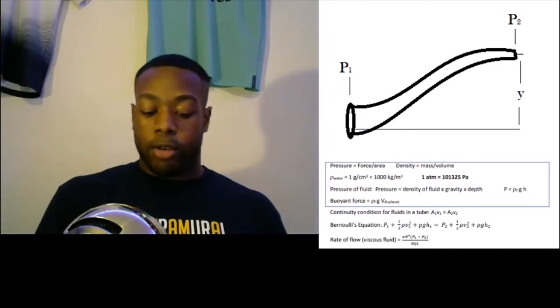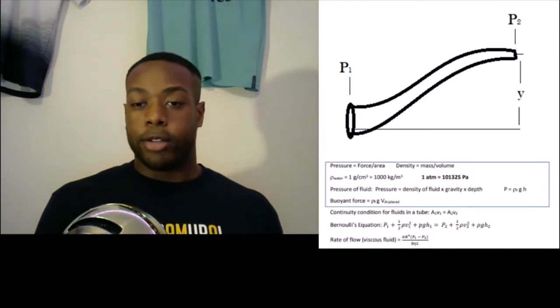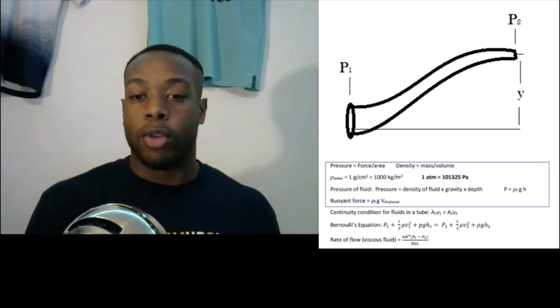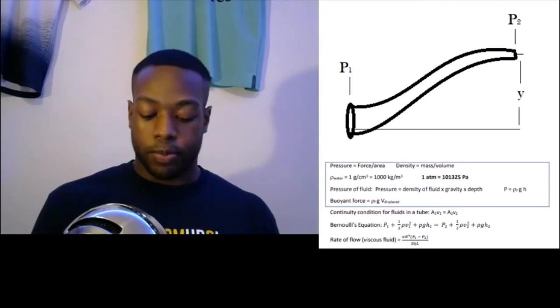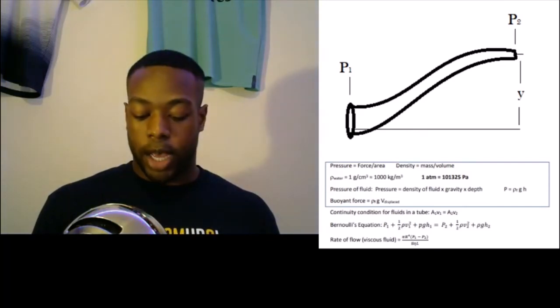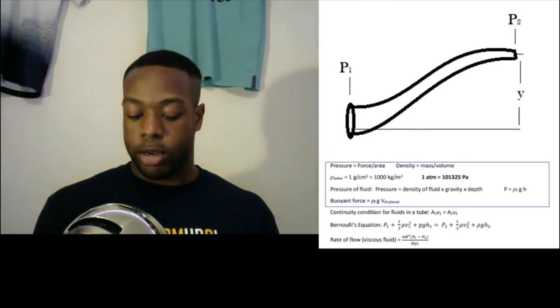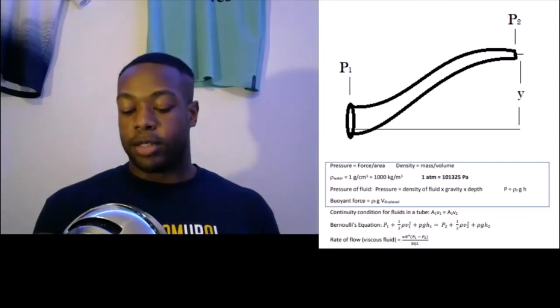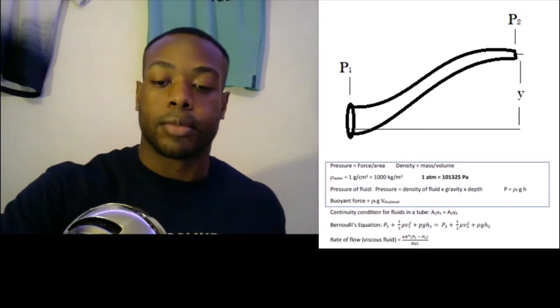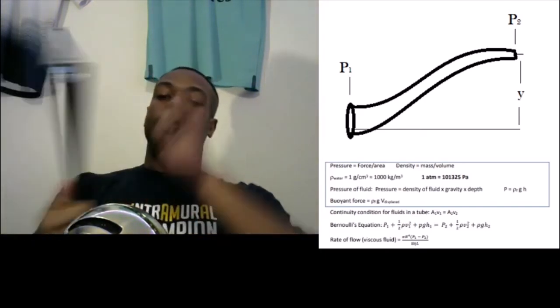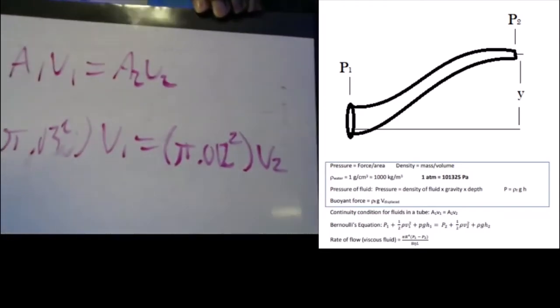Velocity 1 we don't know. Area 2, we're going to do pi r squared with the radius 0.012. So pi times 0.012 squared, and times velocity 2. So that's what we have so far, and that's just a continuity condition.